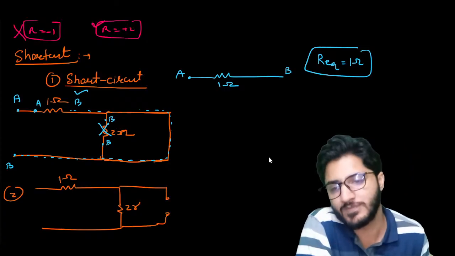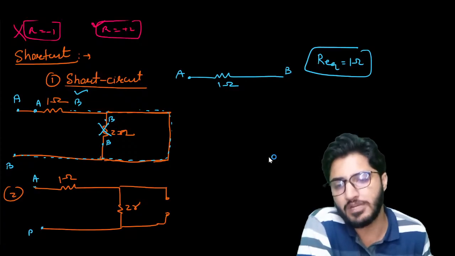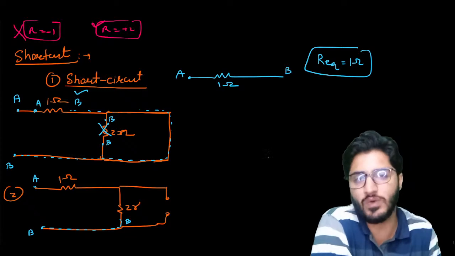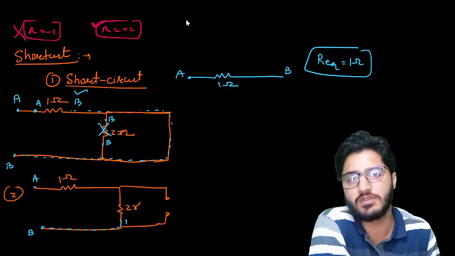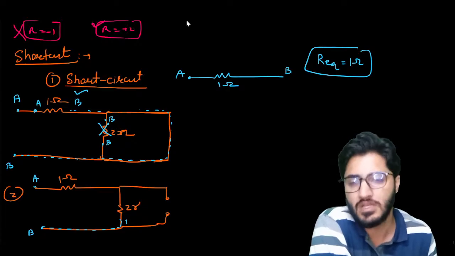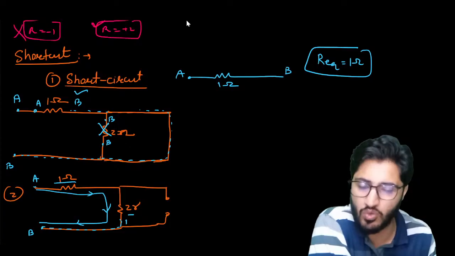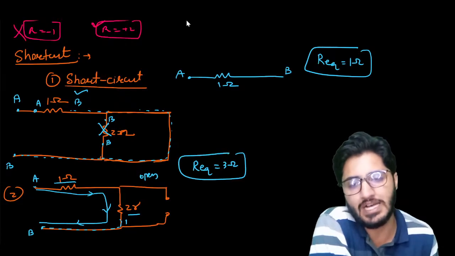So now, if this is point A, point B, current will flow only through this particular path. Both 1 ohm and 2 ohm are in series. What is R equivalent? 3 ohm. So if we are doing open circuit, my answer is 3 ohm.